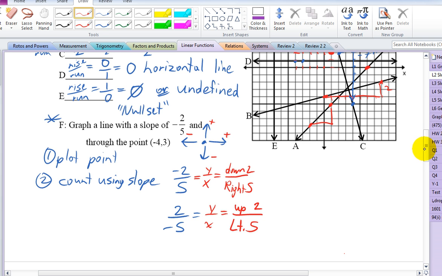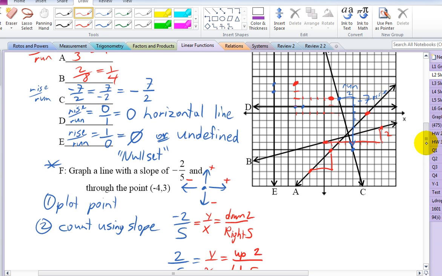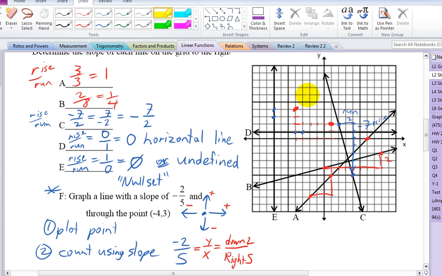Left 5. So if you go to your original point, to remind you, it's right here. That's your original point. So you put your pencil on that point and then count again. So this time you're going to count up 2, and now I go left, the opposite direction. 1, 2, 3, 4, 5.